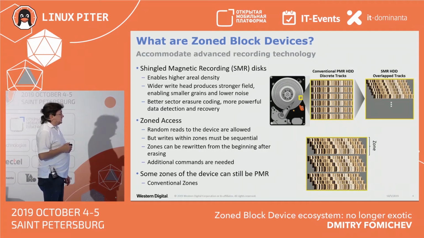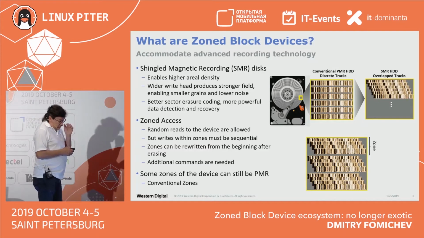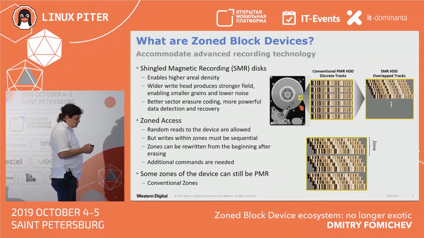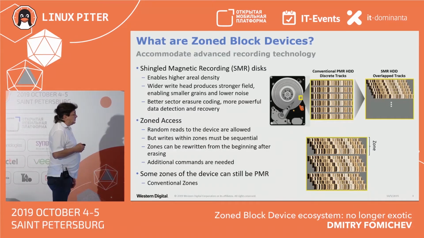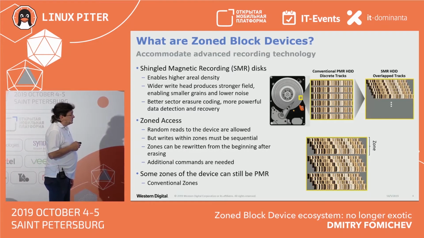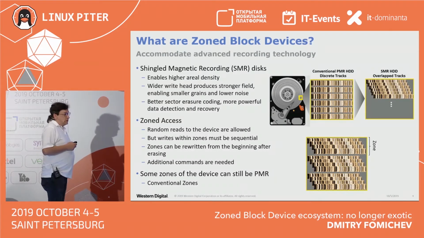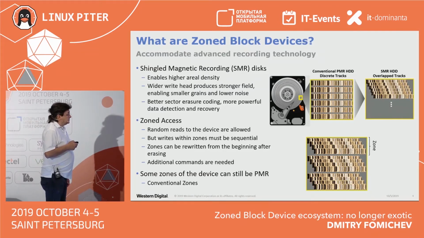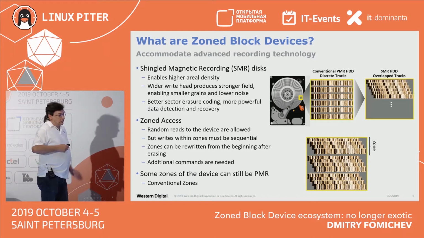So what is that? The majority of the disks on the market right now use so-called parallel magnetic recording. The head actually writes a bunch of bits at a time, it could be several hundred bits here. And what it does is allow error correction across those bits.